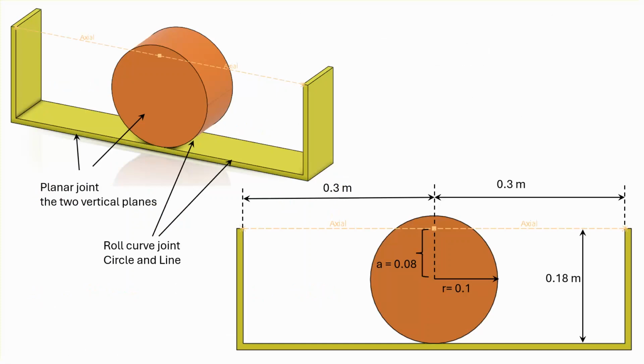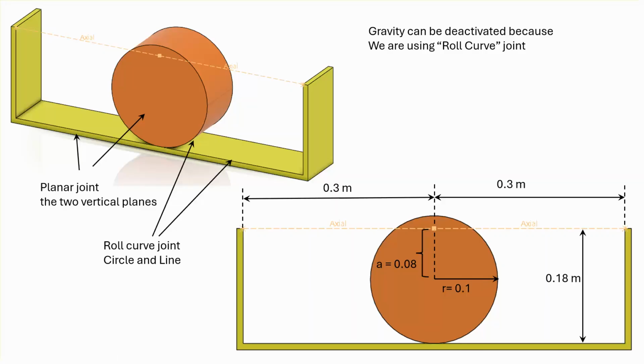The dimensions are redrawn here for your sake, and since I'm going to be using a roll curve joint between the circle on the orange piece and the line on the yellow piece, there is no need to specify the gravity.